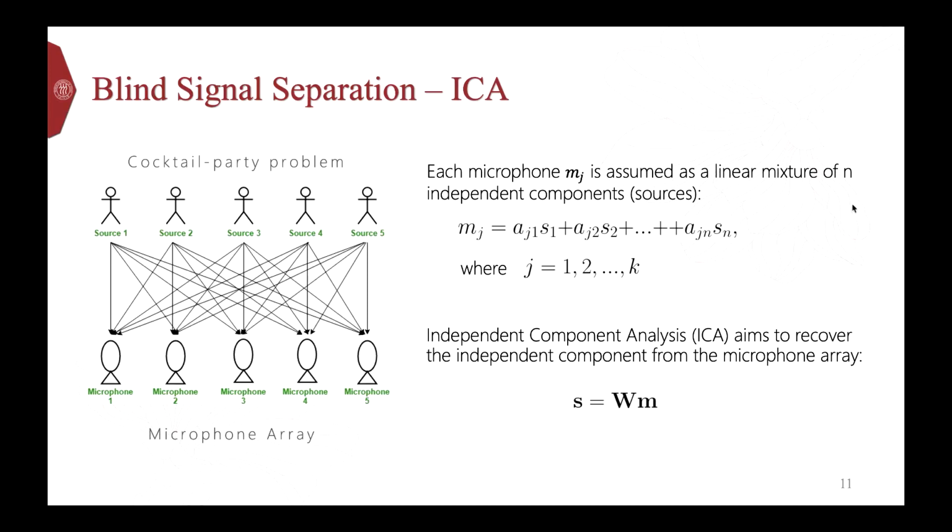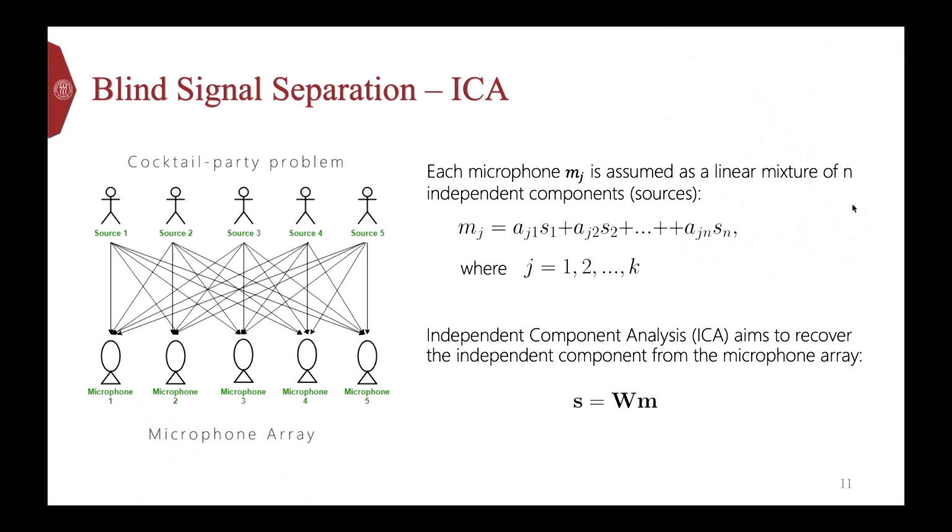So we think that each microphone M is assumed as a linear mixture of independent component sources. So here the independent components are the different sources in the figure, the 5 sources. So each microphone is a linear mixture of the sources as the formulation shows.